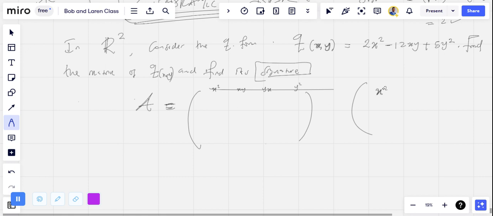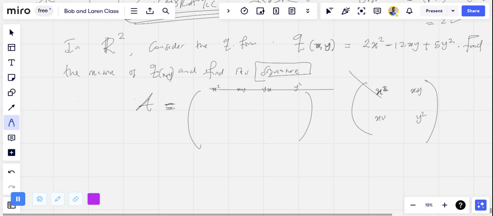So if this one represents x squared, what am I going to have here? This is x, y. This should be another x, y. Then if I have x squared here, this one should be y squared.